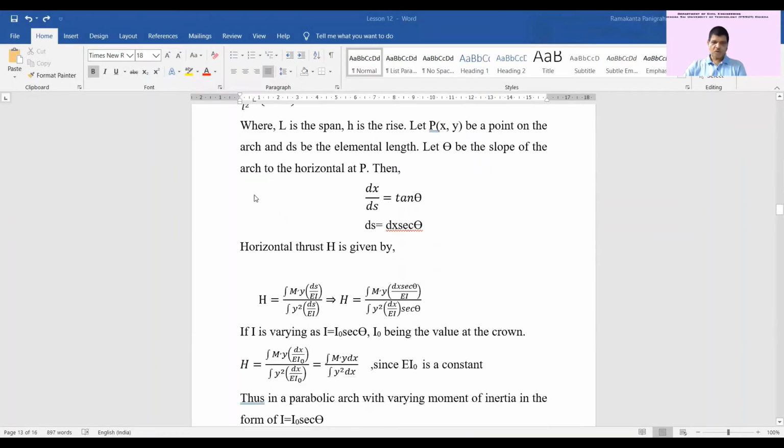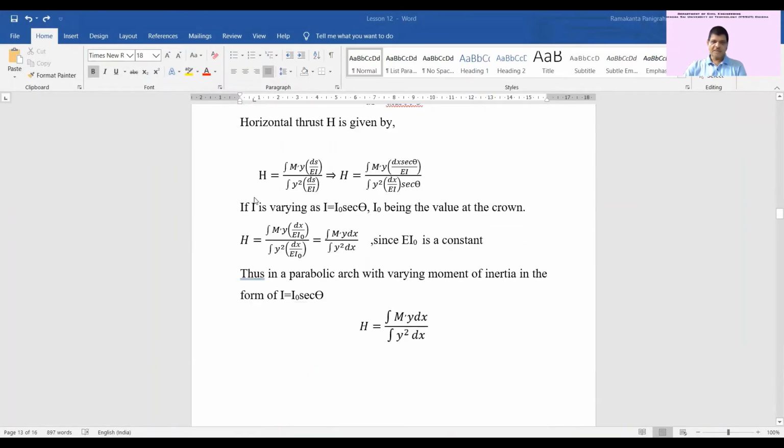Okay, now come to this equation. What is the value of h? Now this value of h is equal to the integral of M into y ds by EI over the integral of y square ds by EI. Now EI will cancel out, and finally what will we get?